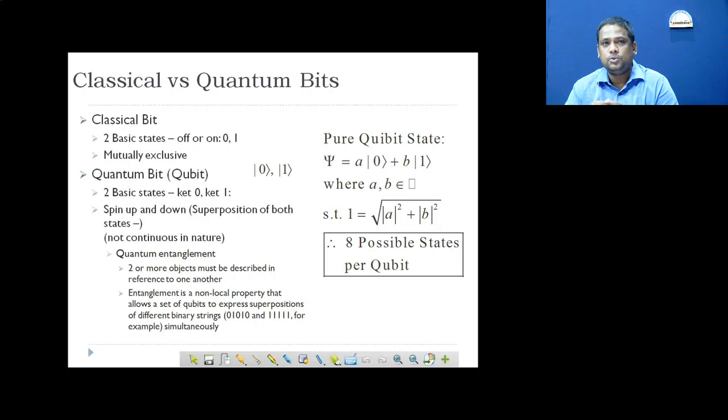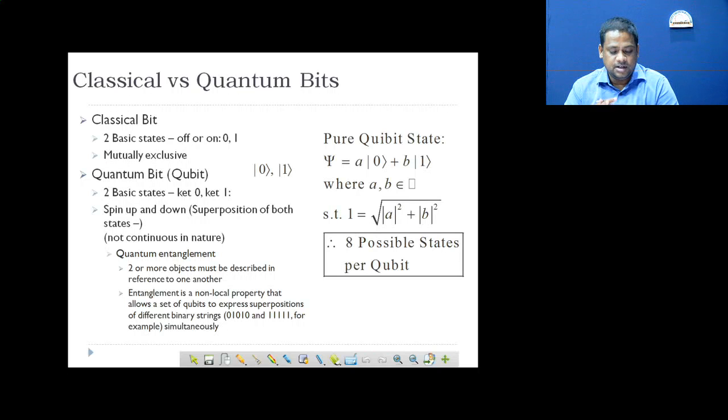It also has two basic states, 0 and 1, which in short we call ket 0 and ket 1. These states are spin up and spin down, and we can say they move horizontally and vertically. Every state has two further states, so in total we get combinations of four different states. But again, they are not mutually exclusive, and they are not continuous in nature: we can't say 0 comes after 1. 0 after 0 might come, 1 after 1 might come, 0 after 1 might come.